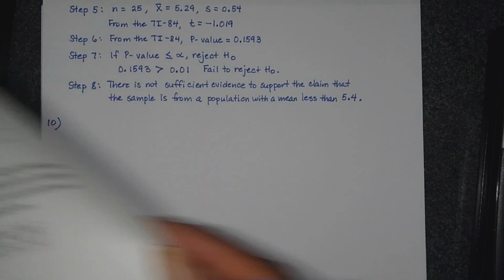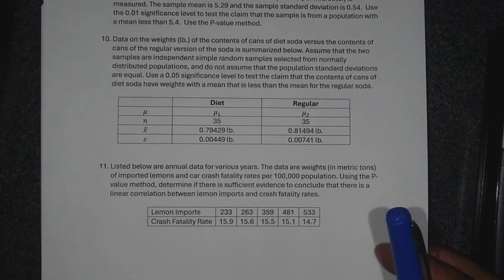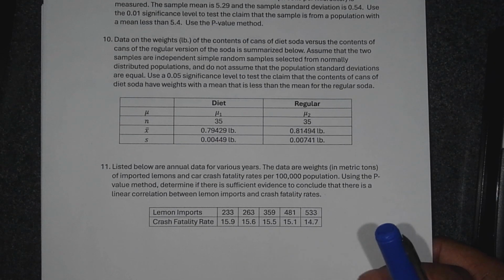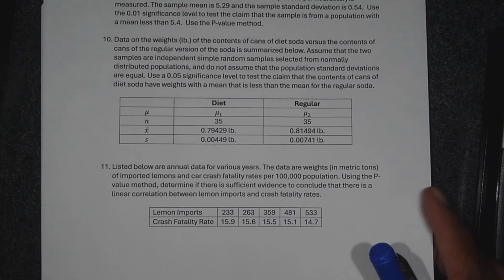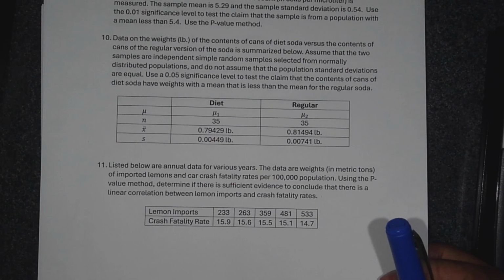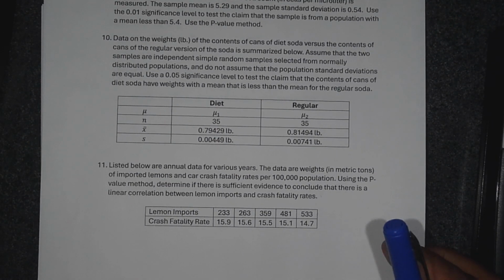All right, problem number 10 is dealing with 2 population means here. Data on the weights in pounds of the contents of cans of diet soda versus the contents of cans of the regular version of the soda is summarized below. Assume that the 2 samples are from independent, simple, random samples selected from normally distributed populations, and do not assume that the population standard deviations are equal.